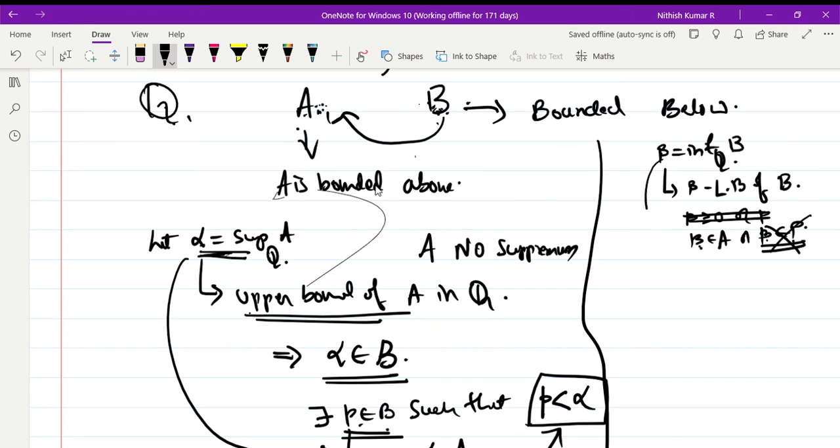Moreover, it's the infimum, it means it's the greatest lower bound. Therefore, beta must be in A.